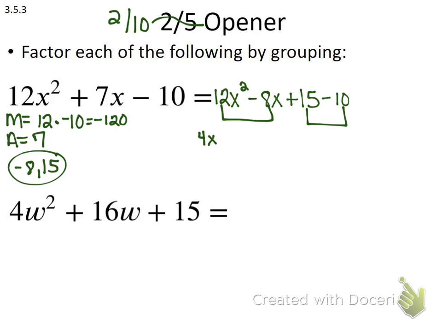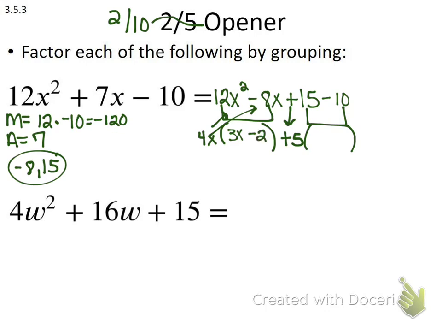5. Now, using the greatest common factor, we're going to factor our numbers here. So I'm going to put my parentheses in. I'm going to bring down the operation sign plus in front of my 5. And then I'm going to think, 4x times what gets me to 12x squared? 3x. And 4x times what gets me to -8x? -2.